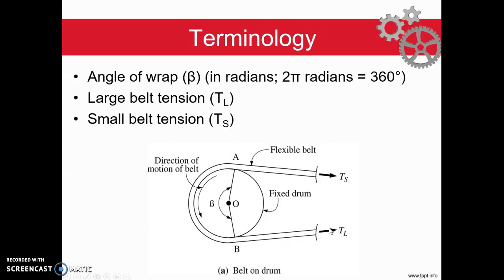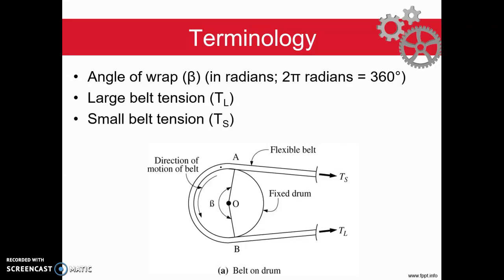And so if this was frictionless, then the tension in this belt, just like the tension in a cable, would be consistent throughout the entire length of the belt. So the tension in this part of the belt would be equal to the tension down here. But this is not a frictionless situation. There is going to be friction.